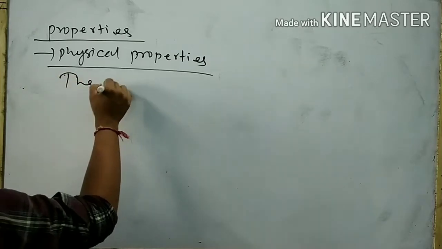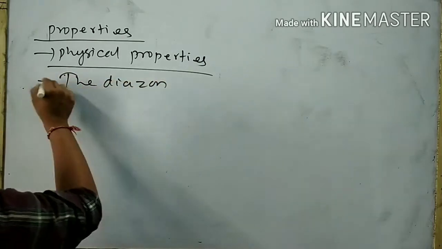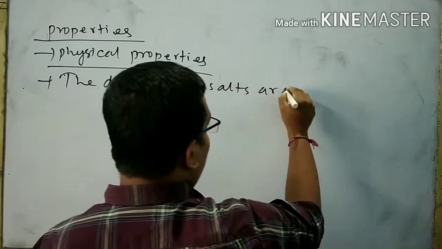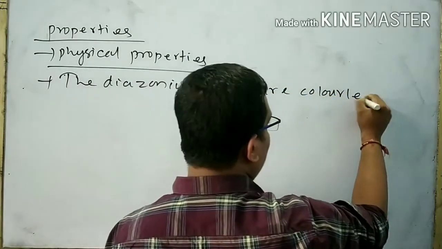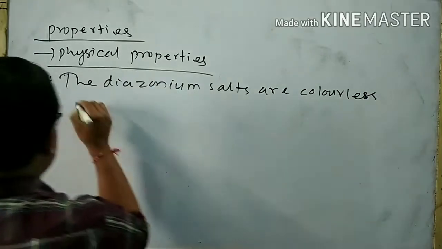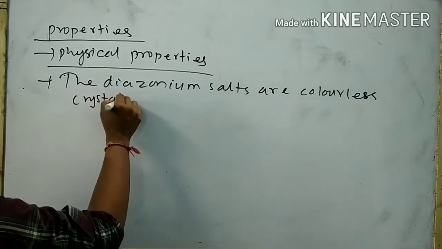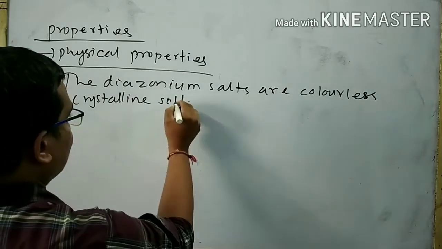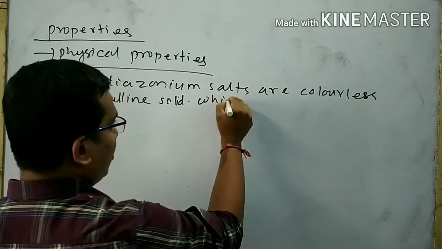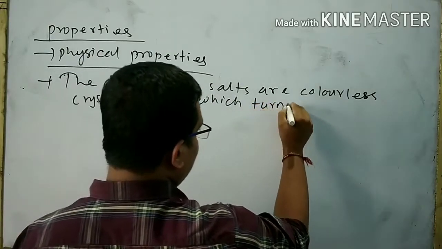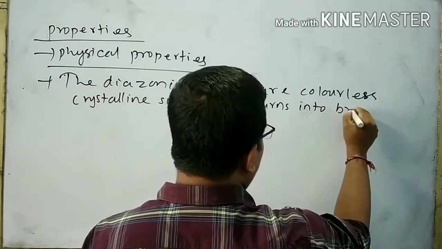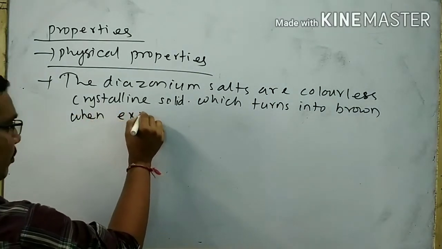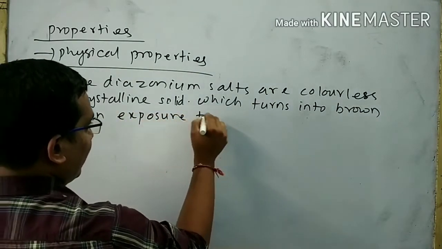The first point is the diazonium salts are colorless crystalline solids, which turn brown on exposure to air.